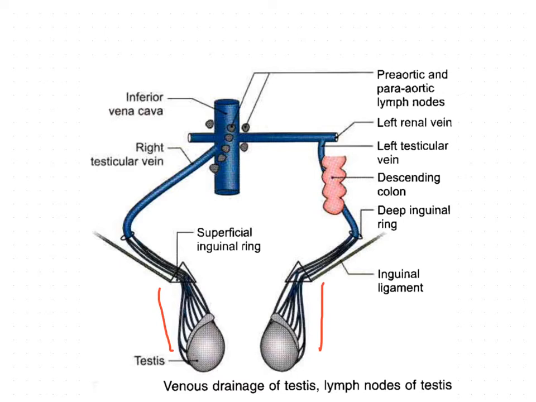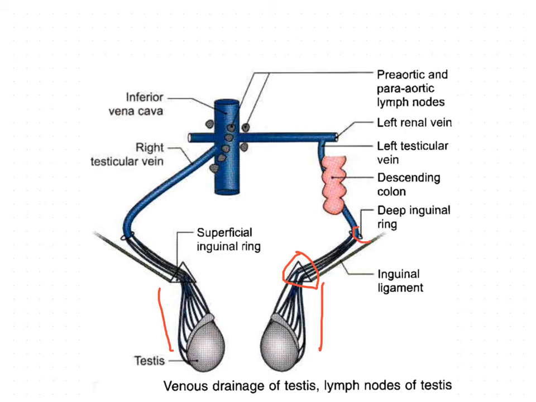The plexus condenses into 4 veins at the superficial inguinal ring, and into 2 veins at the deep inguinal ring.